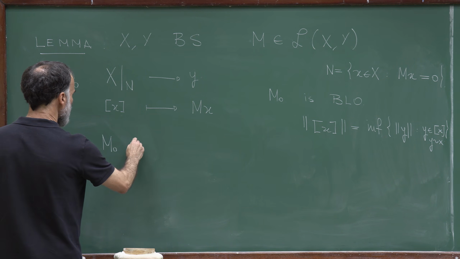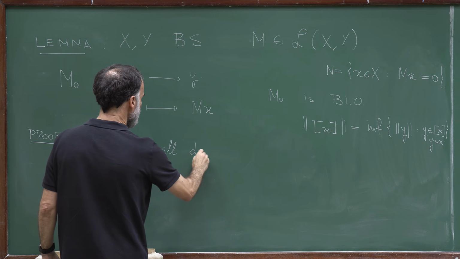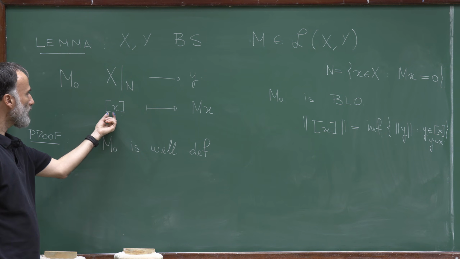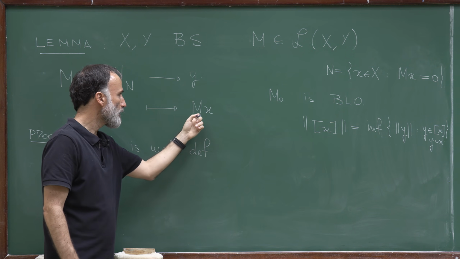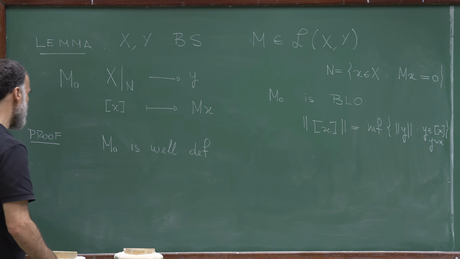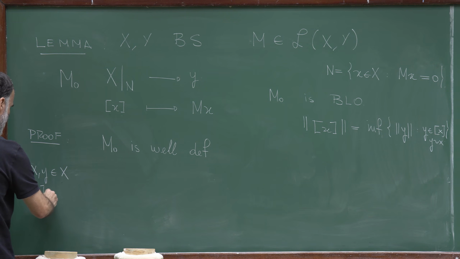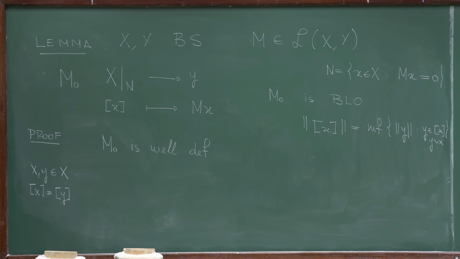So my first claim is that M0 is well defined. Because of course I can take two different elements which belong to the same equivalence class, I have to make sure that their images are the same. So take x and y in X, and assume that x and y belong to the same equivalence class, so assume that y is equivalent to x.